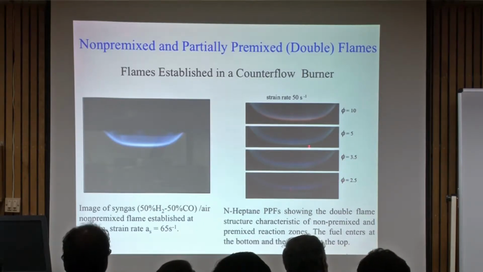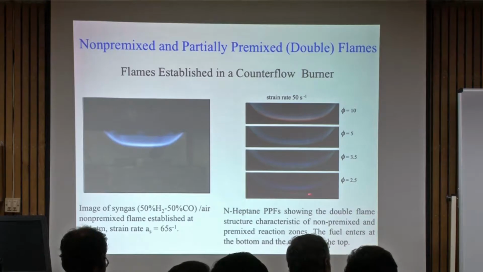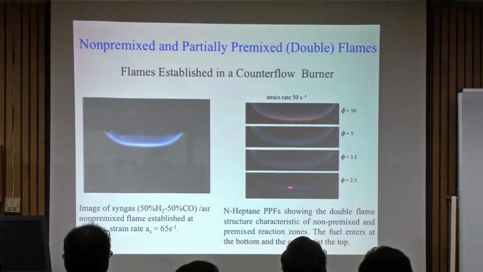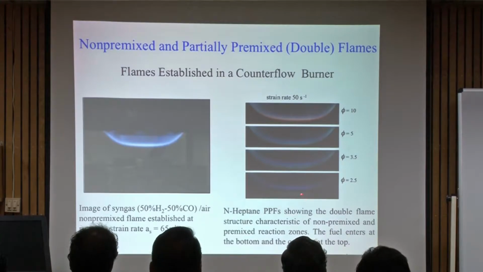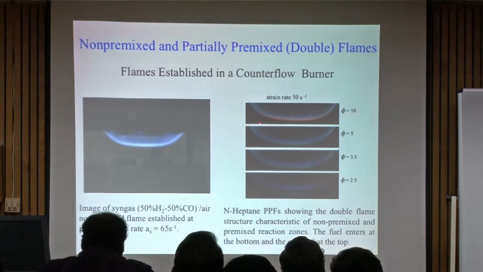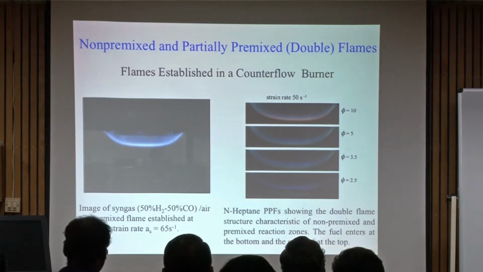Then the flame behavior changes a lot. You get two distinct reaction zones. The bottom one is the premixed flame, and on the top you have the diffusion or the non-premixed flame. So they get more separated when you have lower equivalence ratio. As you increase the equivalence ratio, these two flames come closer to each other, and here it almost looks like one flame.